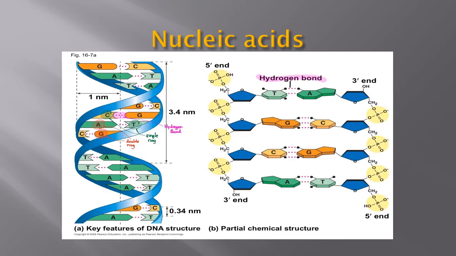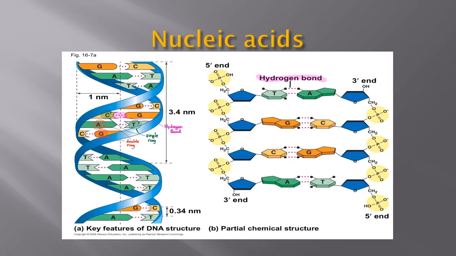So you find that this is the structure of a DNA molecule made up of two antiparallel polynucleotide chains. These chains are coiled around an imaginary axis in the center, and each of these strands is made up of a phosphate and sugar backbone.